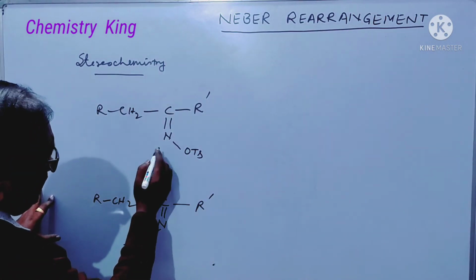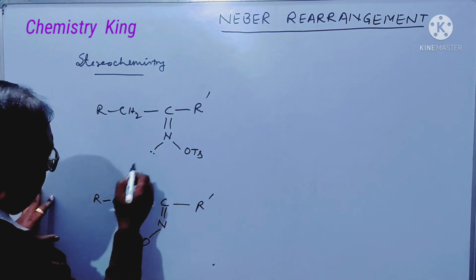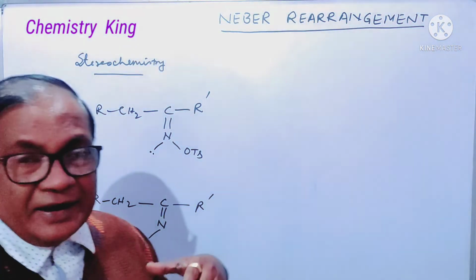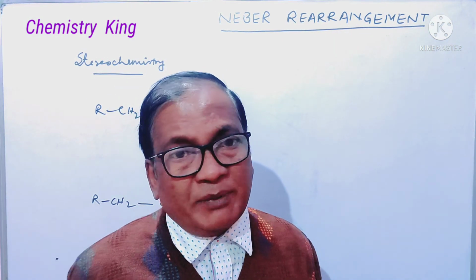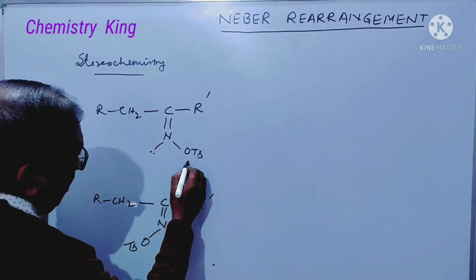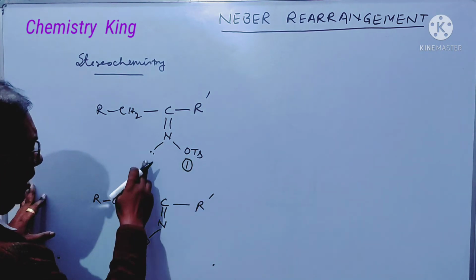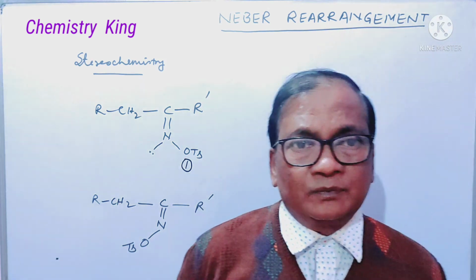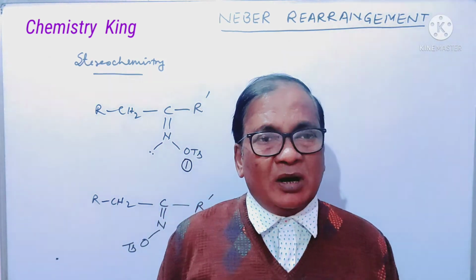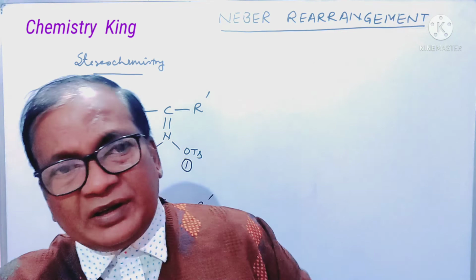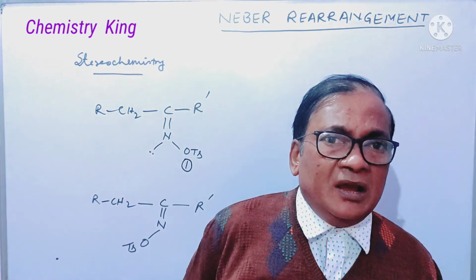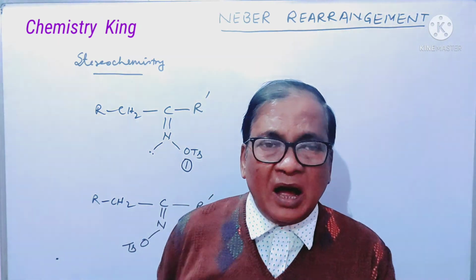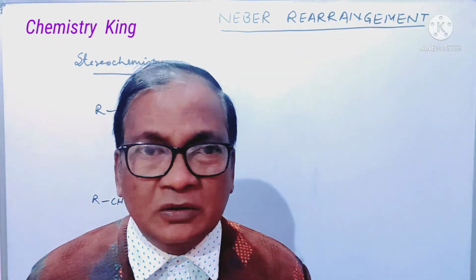It is here a double bond. Lone pair on nitrogen, and here it is oxygen. Greater the atomic number, greater will be priority, we know. Here priority will be 1. And it is lone pair. Lone pair has least priority. Hydrogen has atomic number 1, and we know that greater the atomic number, greater will be priority. So, hydrogen atom has least priority.